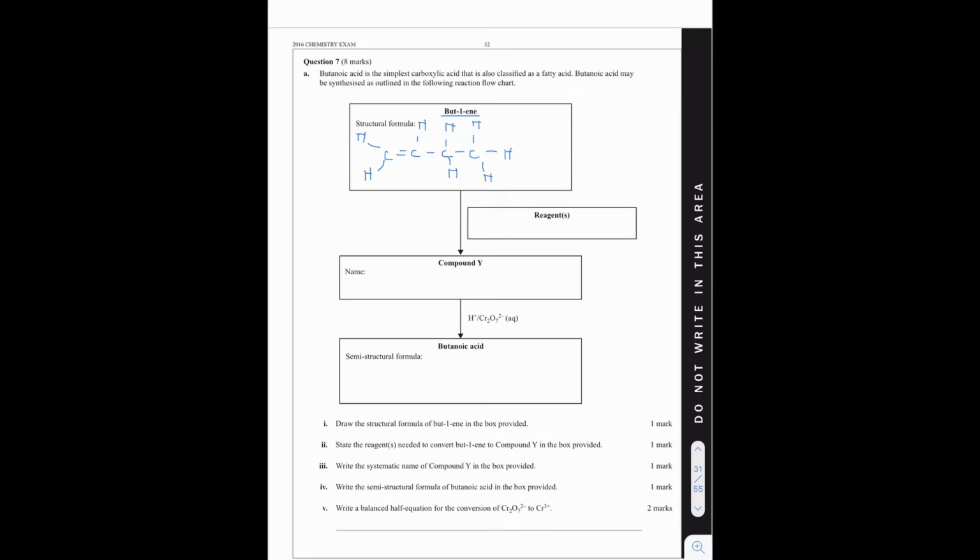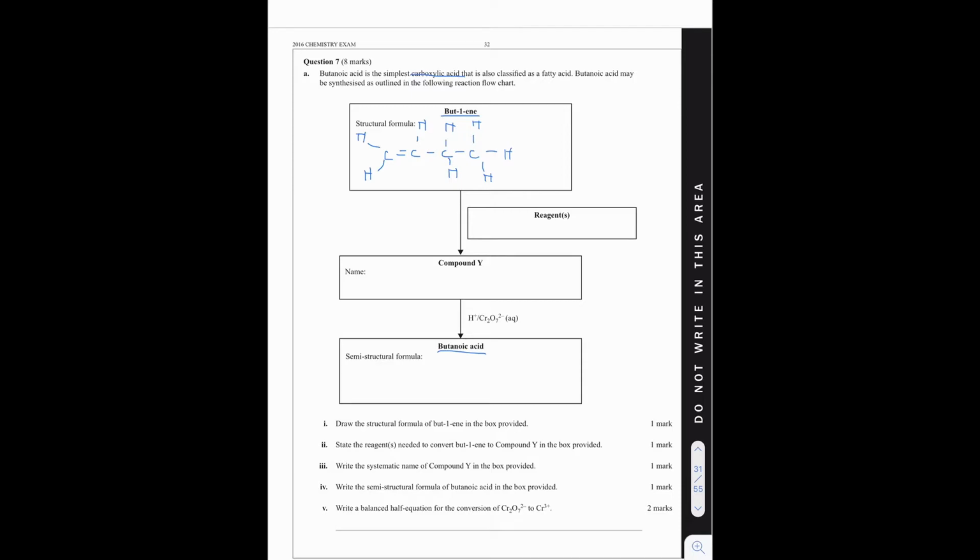So moving on, I can see that I've got reagents to form compound Y. The trick here is to figure out what compound Y is. I know my end product is butanoic acid, and that's a carboxylic acid, and it's also been implied in the question. And in order to form a carboxylic acid, I need to have alcohol oxidation, so a primary alcohol to be oxidized.